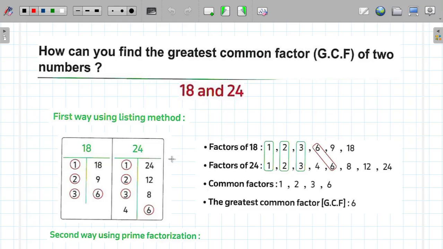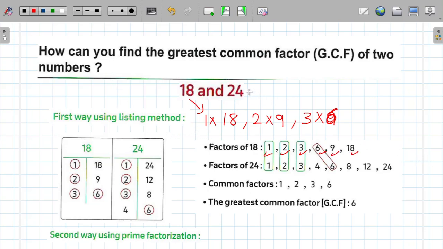Okay, so the first number here is 18. So 18 equals 1 by 18, 2 by 9, 3 by 6. Okay, so I have 6 factors: 1, 2, 3, 6, 9, and 18.